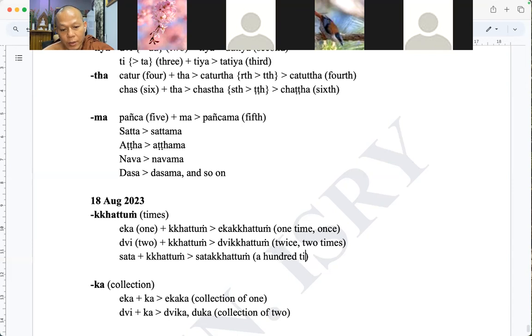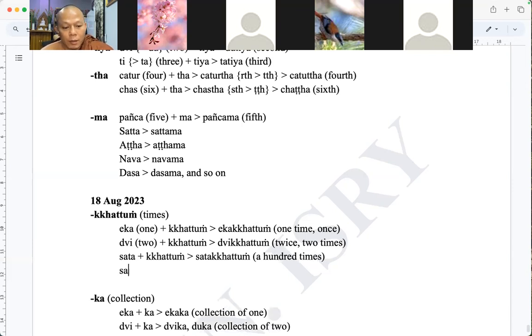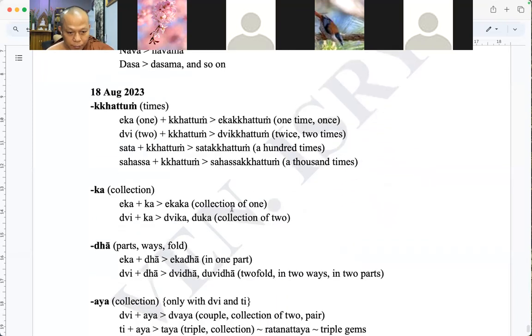So 100 times in this way. And then sahassa also with kkhattu. So sahassakkhattu means 1,000 times in this way.